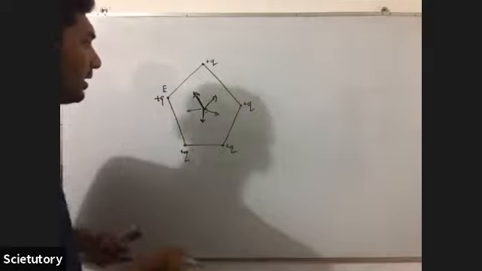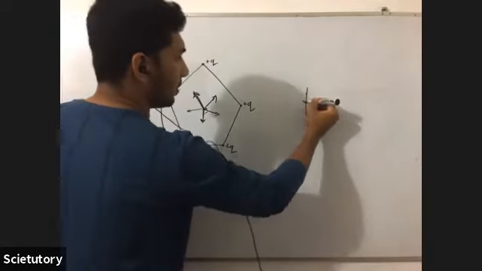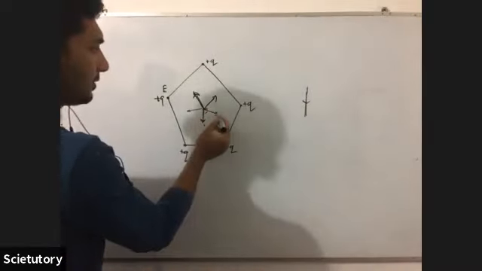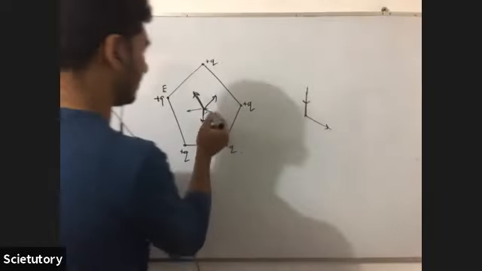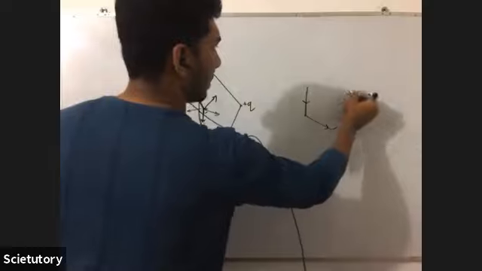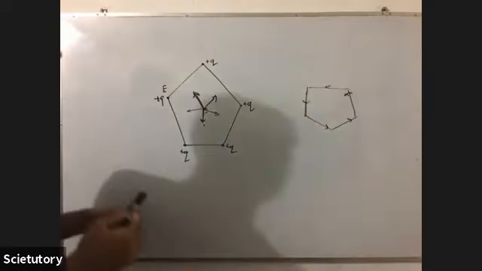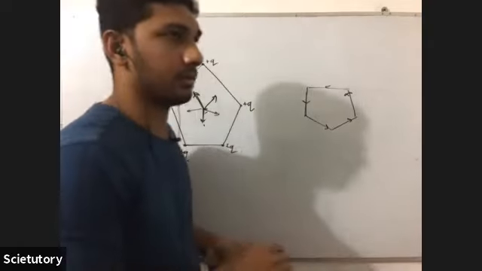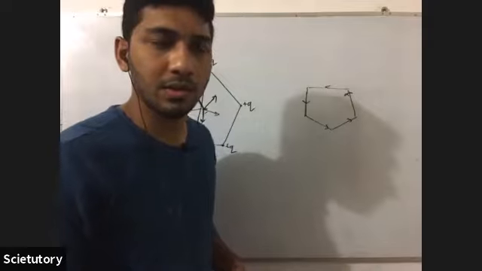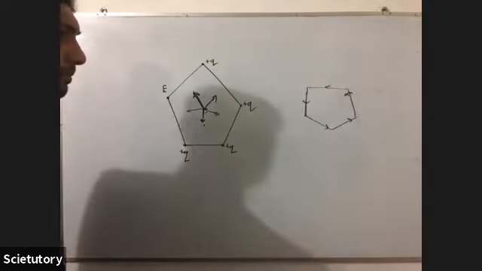We draw this line like this, and then this one, and this one, and this one. They will complete a pentagon, so they will be in equilibrium. Now just remove this plus Q from this diagram.